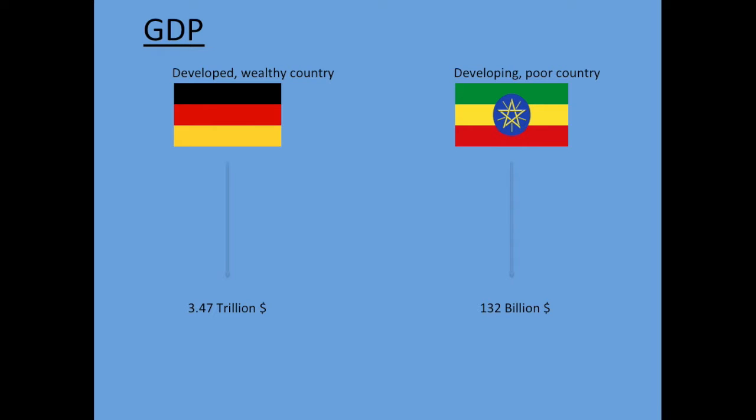So you see that the GDP can tell a lot about the country's economy as well as the country's condition. Now we need to distinguish between nominal and real GDP. Real GDP is actually just the nominal GDP minus inflation of a country within a year.